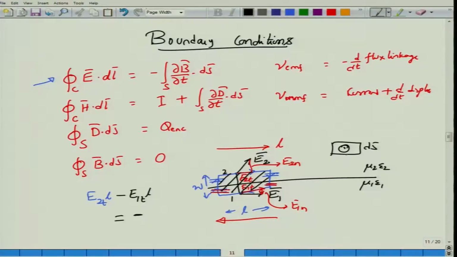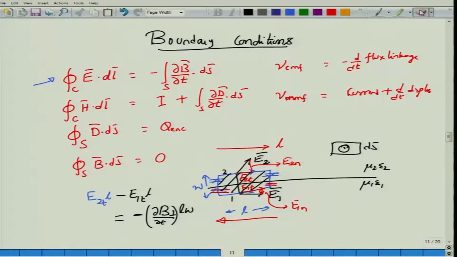The total area that I have is L into W, and it is the B component coming perpendicular to this loop that I must include over here. So let me call this some B perpendicular component, or rather del B by del T component times LW, is what I am looking at, and this is the equation that I now have.